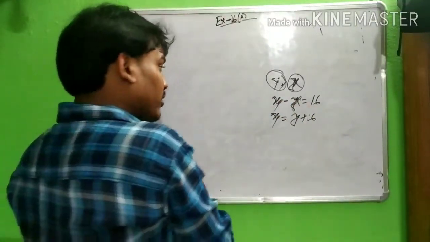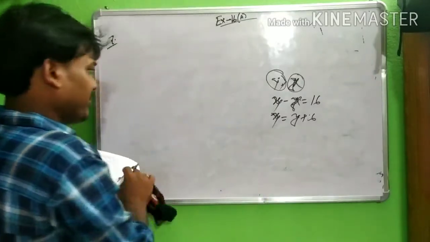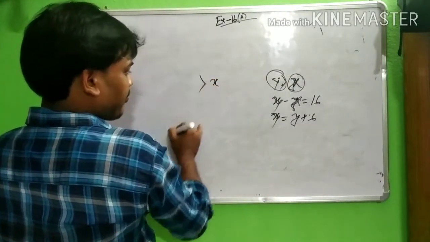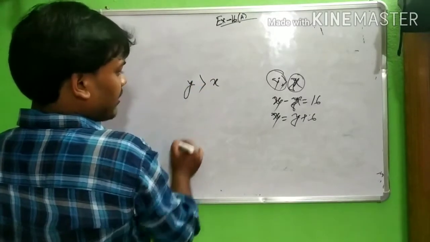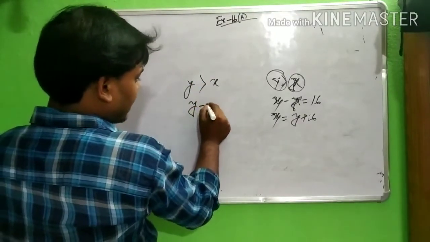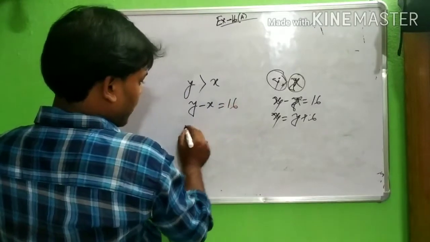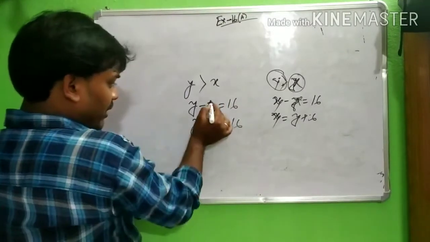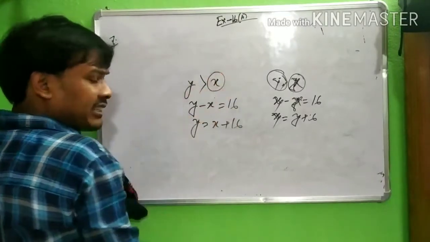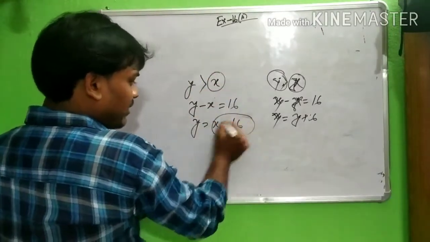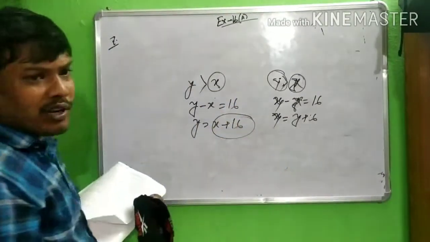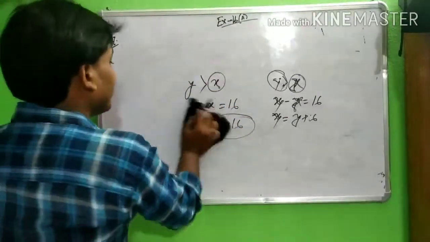Okay, understood? Let the smaller side be x and bigger be y. Then y minus x is 16. That means y equals x plus 16. So if the value of the smaller side is x, then the value of the bigger side is x plus 16. These two values are put in the formula and the area given. Similar math.